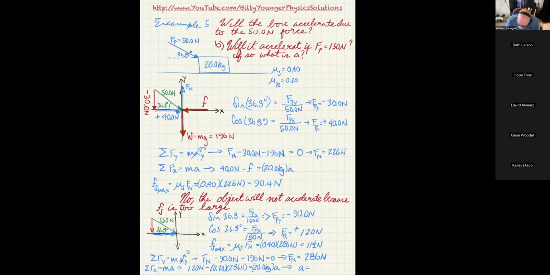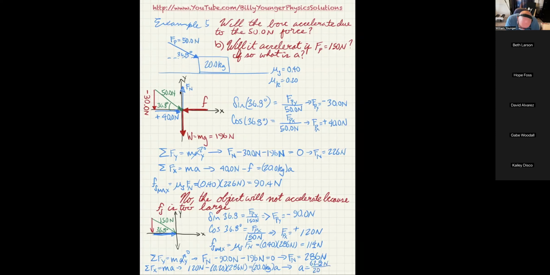So we should be able to figure out the acceleration. I'm going to take 120 minus, and I'm going to put this in parentheses just to be careful, 0.2 times 286, close parentheses. That gives me 62.8 newtons for the left-hand side. Actually, that 8 is not a sig fig, so I'll underline it.